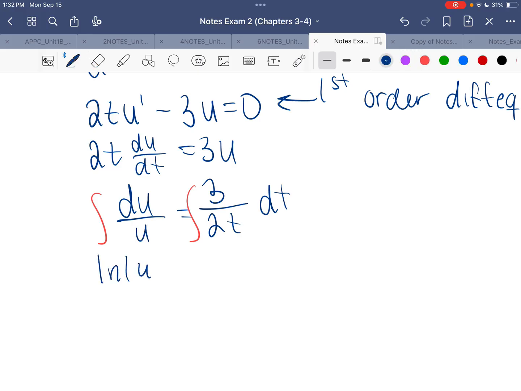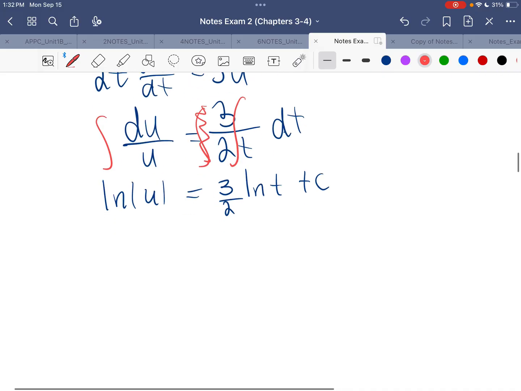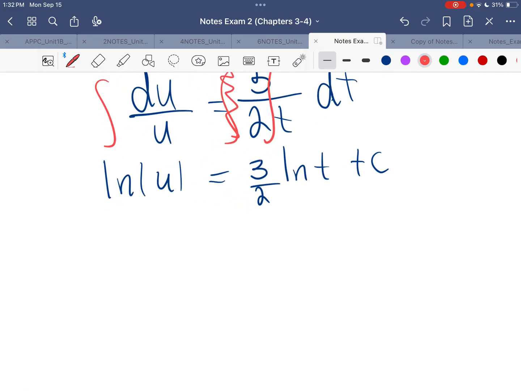Okay, ln u is equal to 3 over 2 ln t plus c. Right, because that's really where we could have integrated. Before I cancel out the ln's, I have to move this into the exponent.